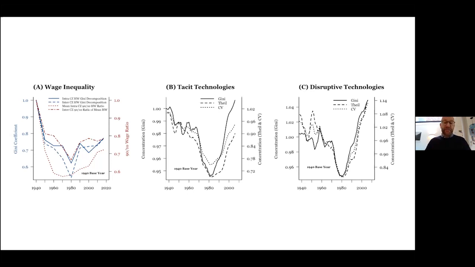And I want to emphasize that panels A, B, and C are representations of very, very different data sources, right? Panel A is labor market data from the census. Panel B is a combination of Google Books to get the vocabulary and then just patent descriptions.